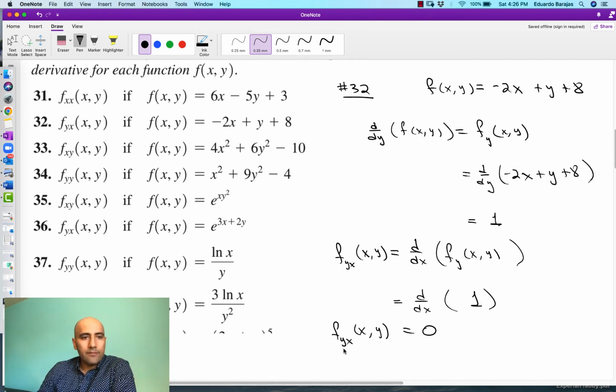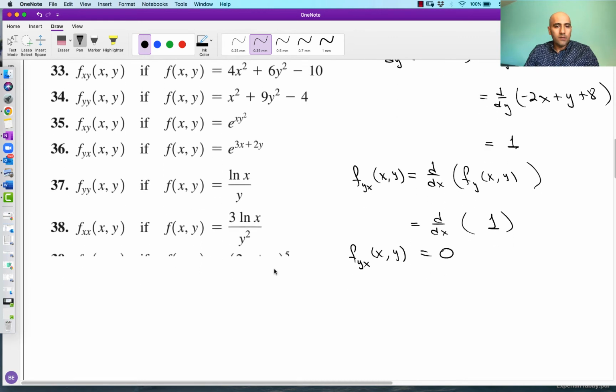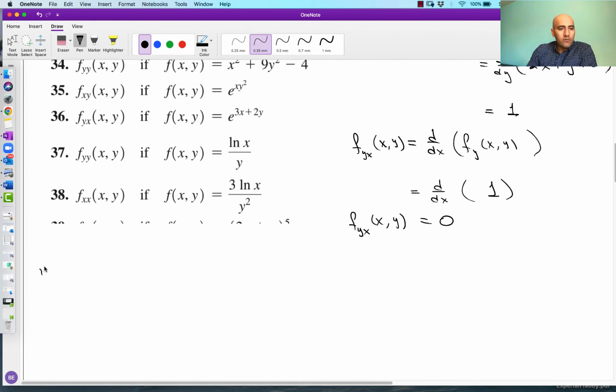Okay, well that was kind of boring. Let's try a more fun one. How about 36? 36 seems fun. Let's take a look at 36. So now number 36. We're given that f of x comma y is equal to e to the power of 3x plus 2y. And we're interested in first finding the derivative with respect to y, getting a function, and then finding the derivative with respect to x, right, in that order.